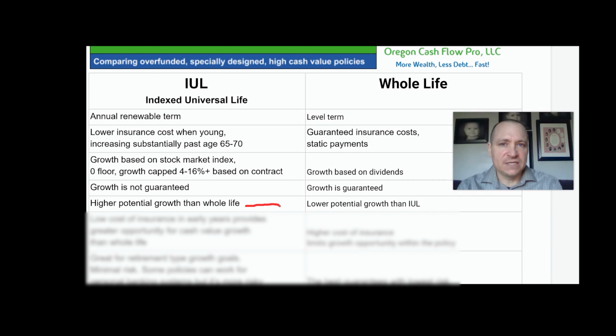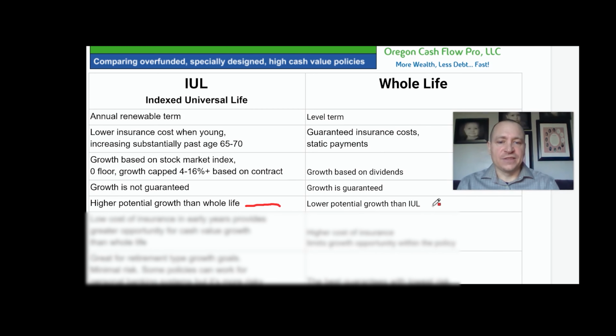I view them more as savings type assets, but an index universal life policy, in my opinion, is a good alternative to something like a Roth, in that you do have market-like growth potential from the index universal life due to the performance of the stock market index. So it is a good alternative if you want to have a safe investment type vehicle. No life insurance is considered an investment, but this is about as close as you can get without having the risks of the stock market on your shoulders.